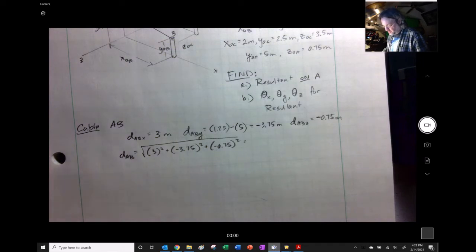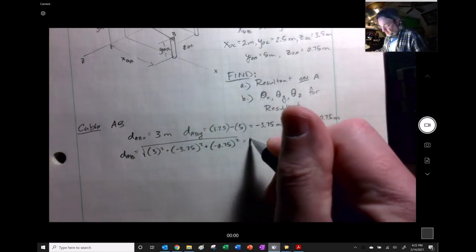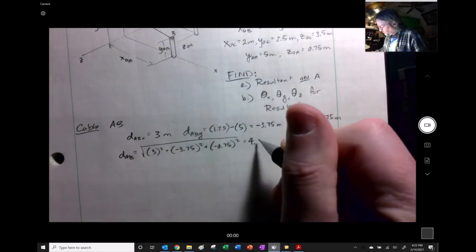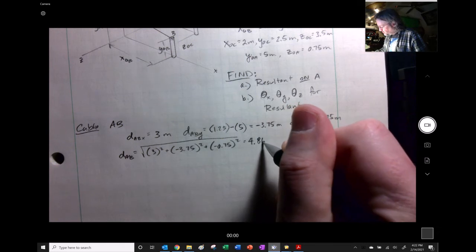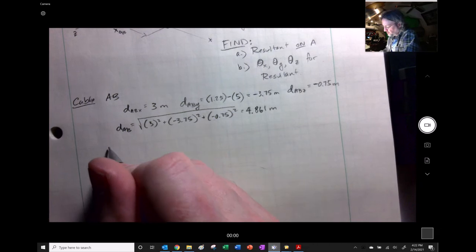Okay, yeah, that's 9, and then 0.75, which is not going to be a lot. Take the square root, and we end up with 4.861 meters.